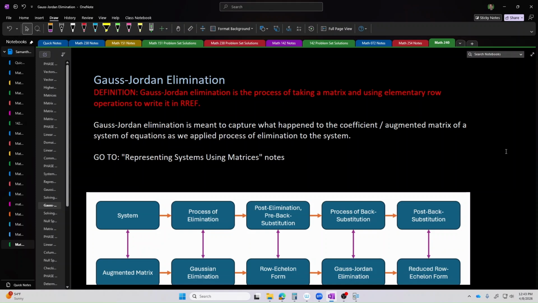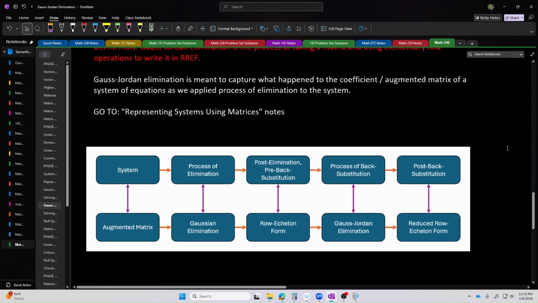This is just the process of solving a system by elimination, but this time we are also doing the back substitution step using a matrix.